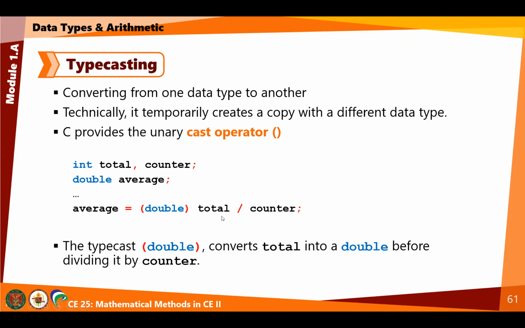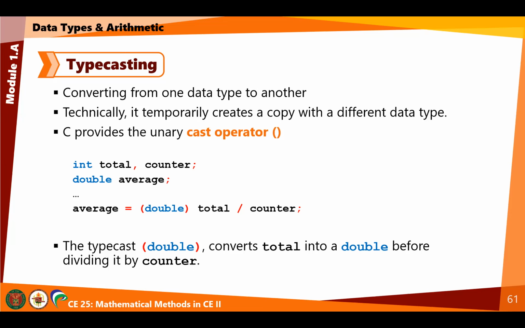I know now. Kasi you want your average. You want yung kaninang lumabas, yung kaninang 3 divided by 4, 'di ba? Instead of 0.75 yung result, naging 0 kasi everything was an int.